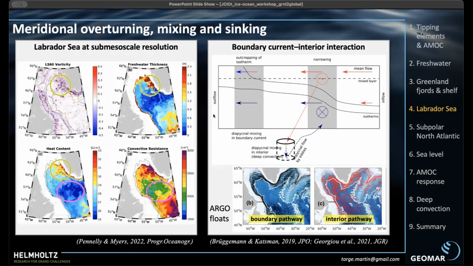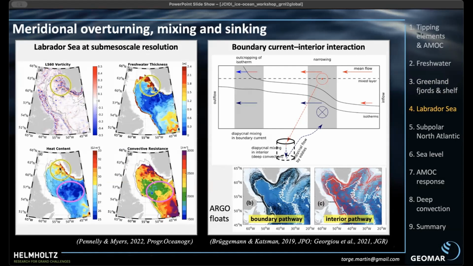Speaking of high resolution, I also wanted to mention work by the group of Paul Myers. They run very high resolution simulations in ocean models. Here are some 60th of a degree simulations. We exactly see this eddy activity in the vorticity on the west side of Greenland. This is associated with freshwater export into the interior Labrador Sea, as I mentioned, but also with the heat content increase.